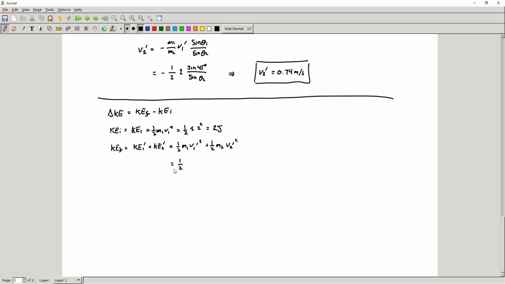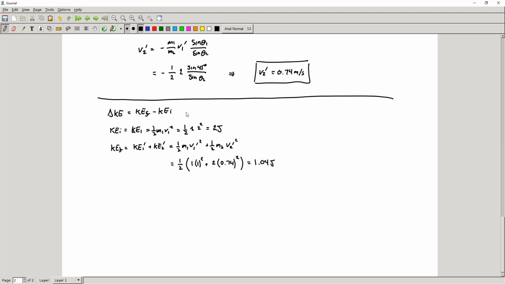I'll factor out the factor of 1/2. m1 was 1. v1 prime was also 1, so we'll square that. And m2 was 2. We just found that v2 prime is 0.74, so we'll square that. And if we were to calculate all that, we would find that this was 1.04 joules, right?